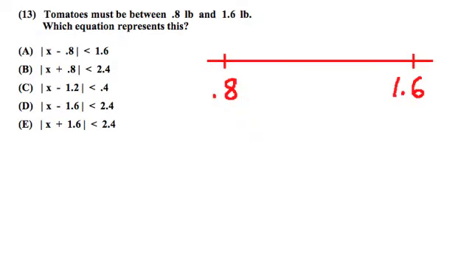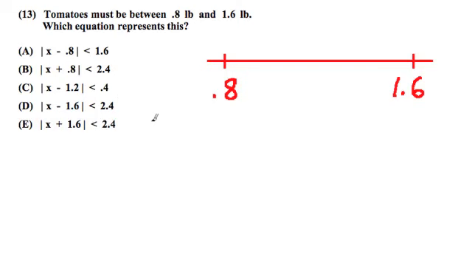If you want to try this on your own, you can pause the screen now. The previous problem gave you an inequality and asked for the range that it represented. Here you're given the range and asked for the inequality that it represented. So tomatoes have to be between 0.8 and 1.6 pounds.